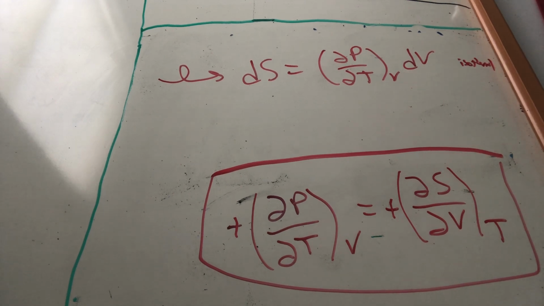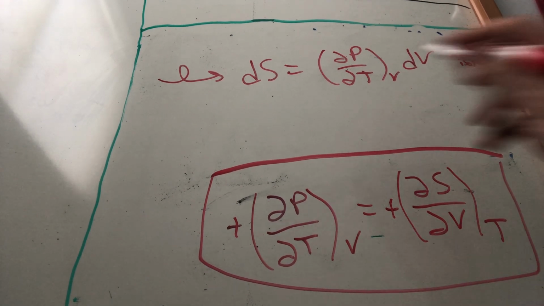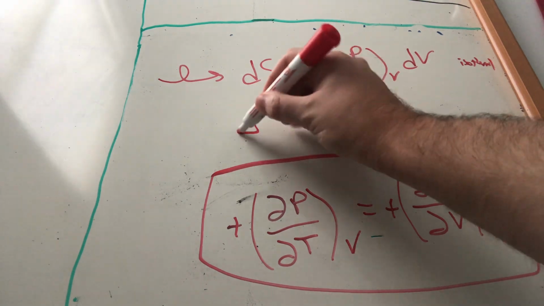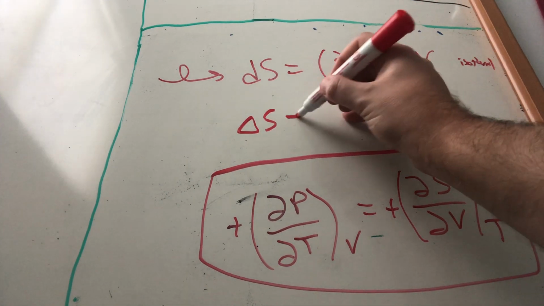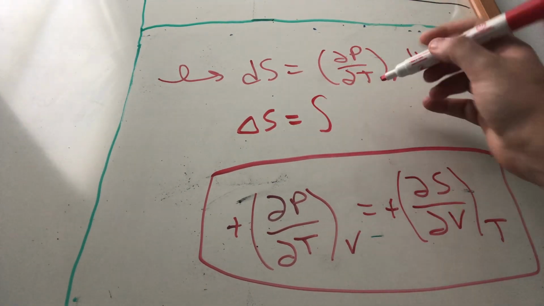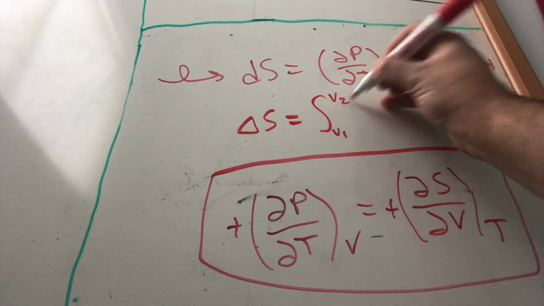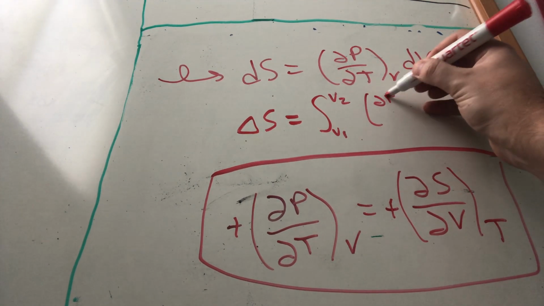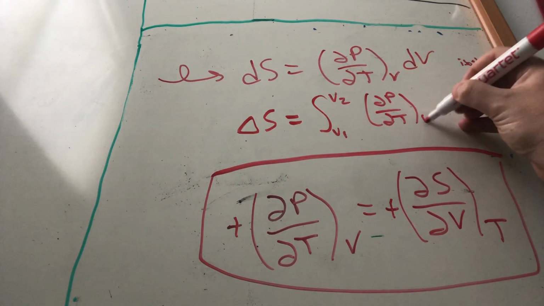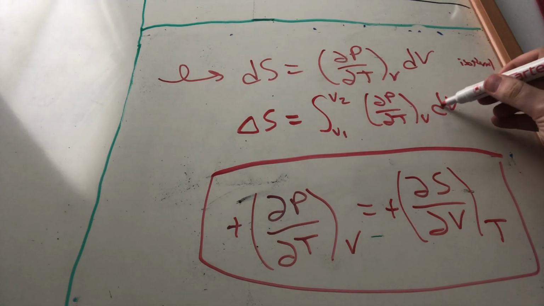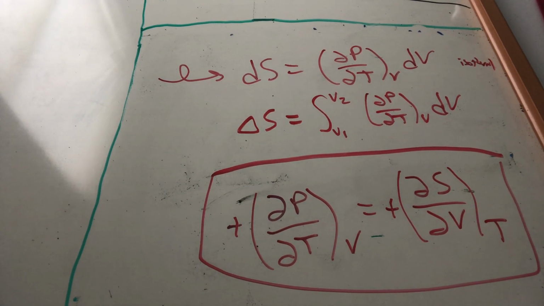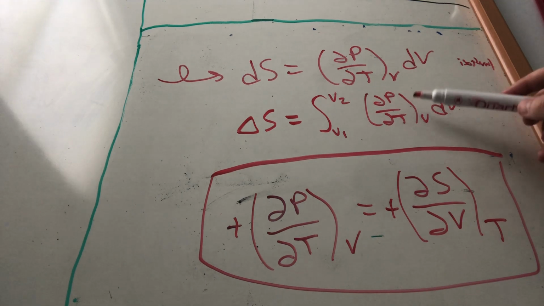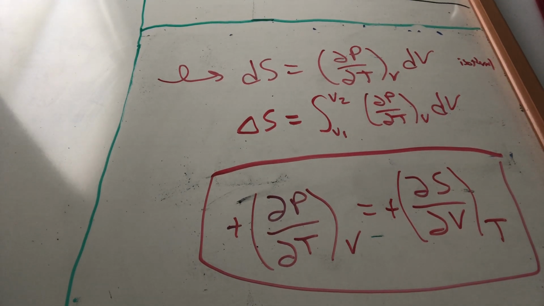Then I can integrate both sides, and I get a delta S. And delta S is going to be equal to the integral from V1 to V2 of partial P, partial T at a constant V dV. And so all you really need to know about your gas is how pressure changes as temperature changes at a constant volume, and it's an alternate way to get delta S.